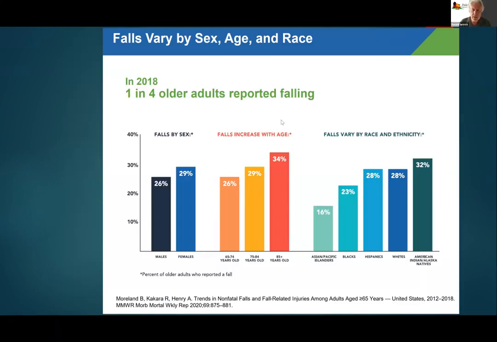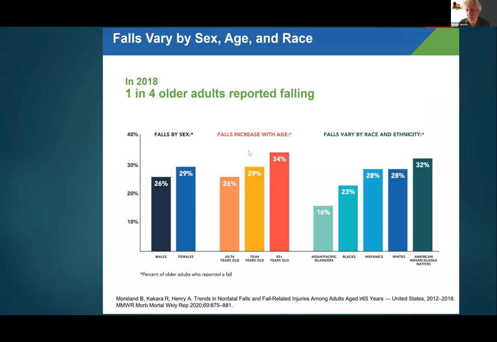Again, on this health disparities concept, I just want to bring your attention to the fact that there are gender differences, just like we know that in cardiovascular disease, women typically get underdiagnosed compared to men. We also know that falls increase with increasing age, and they further increase with increasing numbers of medications.